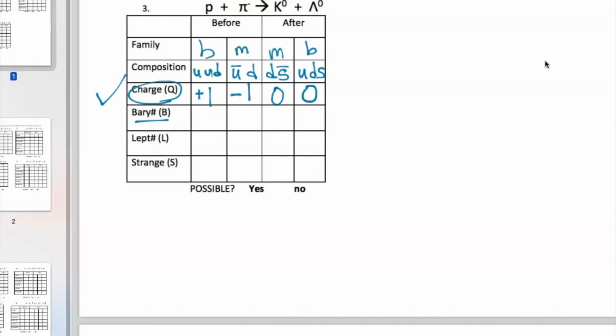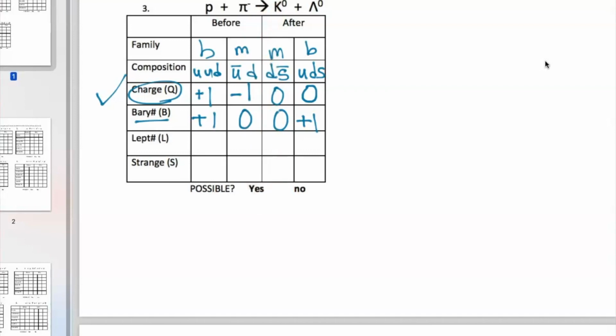So for baryon number, we have a baryon that has a baryon number of +1, a meson which has a baryon number of 0, another meson which has a baryon number of 0, and then another baryon which has a baryon number of +1. Because again, none of those quarks are anti-quarks, so it is a baryon that has a baryon number of +1. So again, if I look at conservation, I find it helpful to remember that there's a difference.